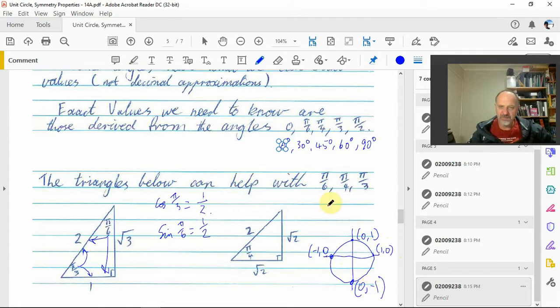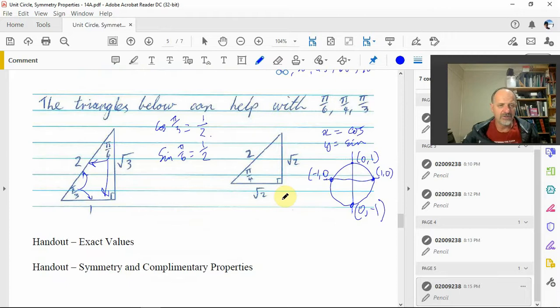Remember, x is cos and y is sine. So the sine of 0 is across to this point, and it's the y value, so it's 0. And so on for all of those: 0, pi/2, pi, 3pi/2, etc.